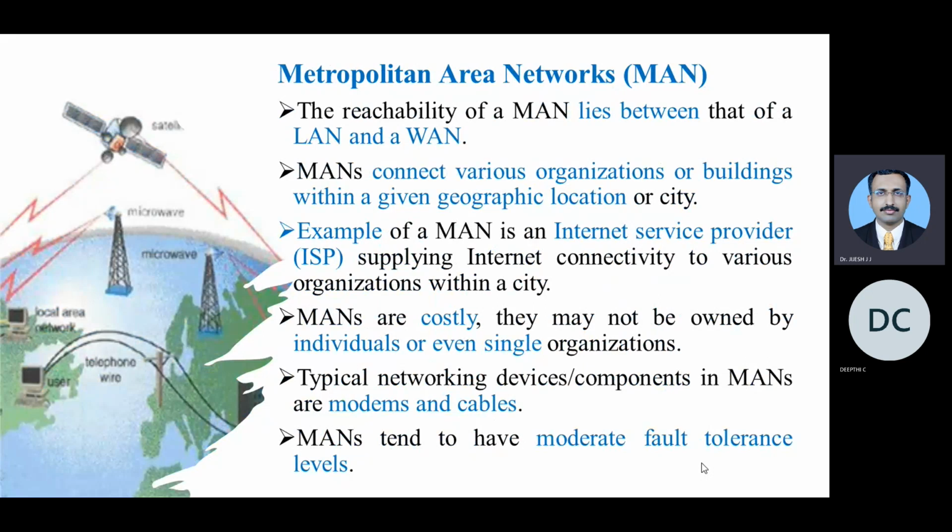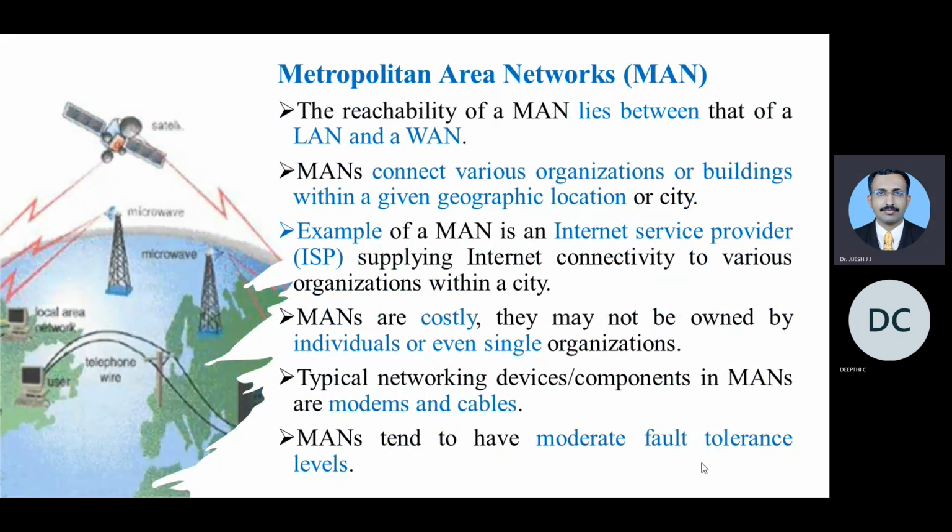It lies between the LAN and wide area network. It connects various organizations like buildings within a given geographic city. An example is internet service providers supplying internet connectivity. WANs are costly.